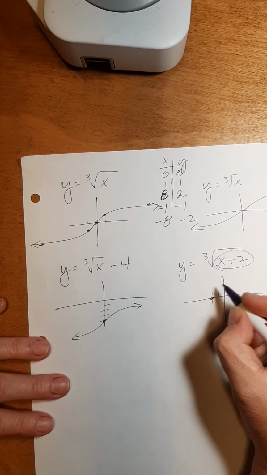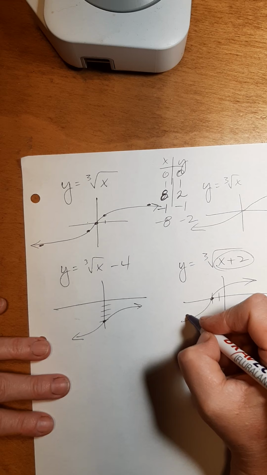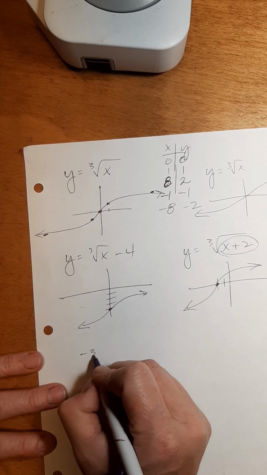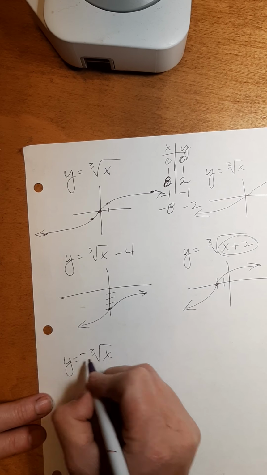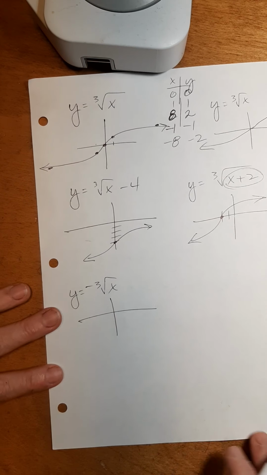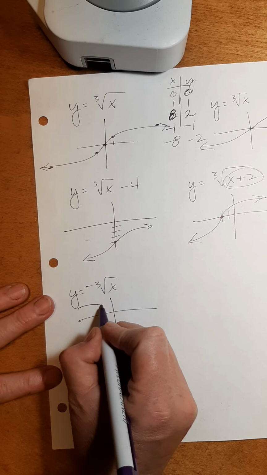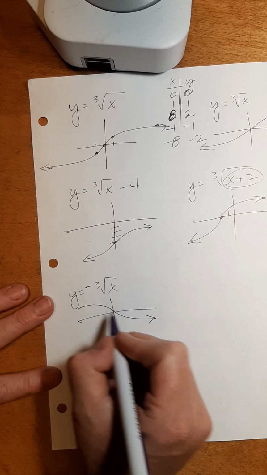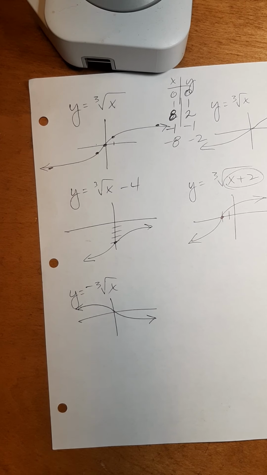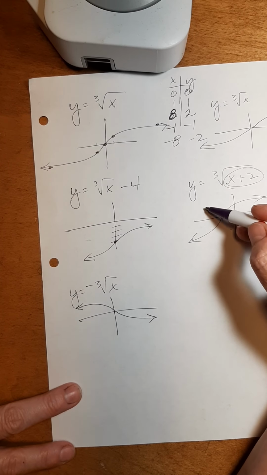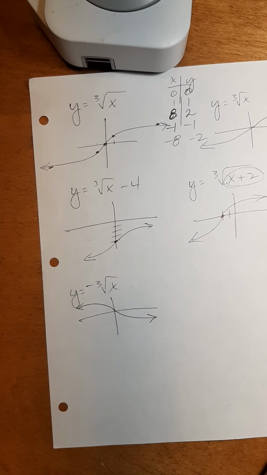Negative 2. Up and down. Negative cube root, like normal, is going to do the opposite. So instead of being in these two regions, it's going to be in those two. Because it's going to reflect it below, that's going to reflect above.